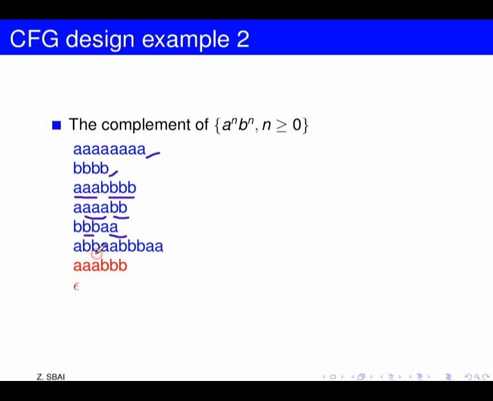Also, we will accept any mix of a and b. The only type of string that will not be accepted here is when we have a sequence of a's followed by a sequence of b's, and the two letters have the same number of occurrences. Also, according to the definition, epsilon will not be accepted.